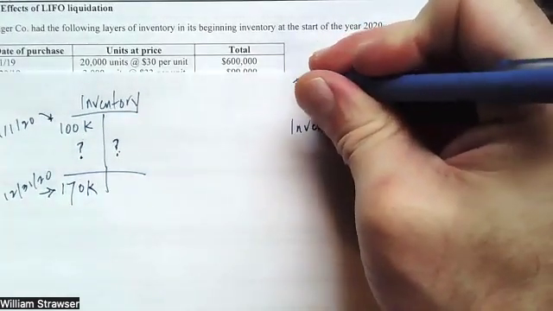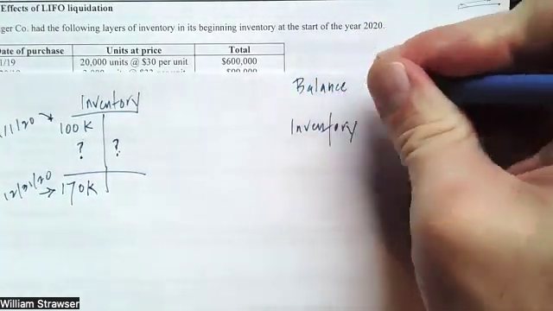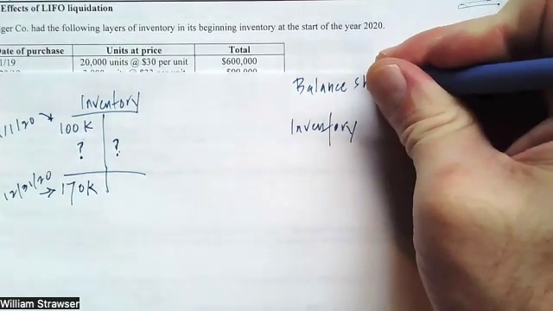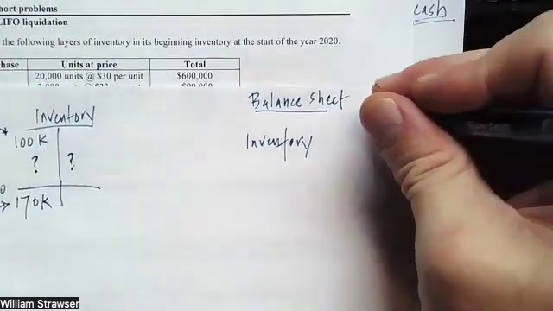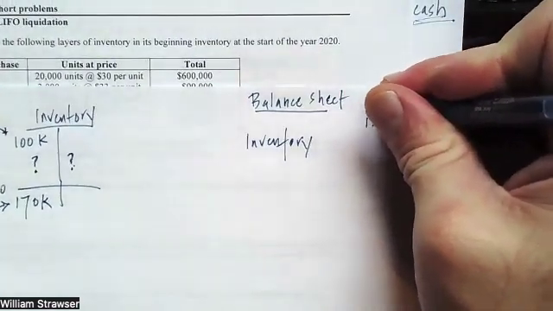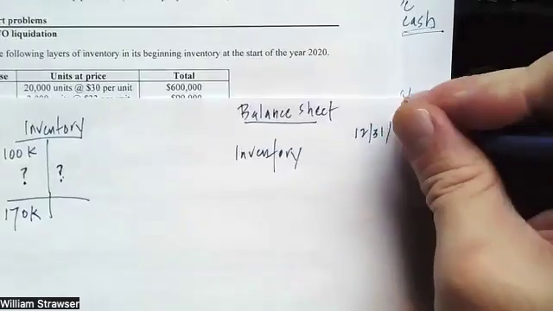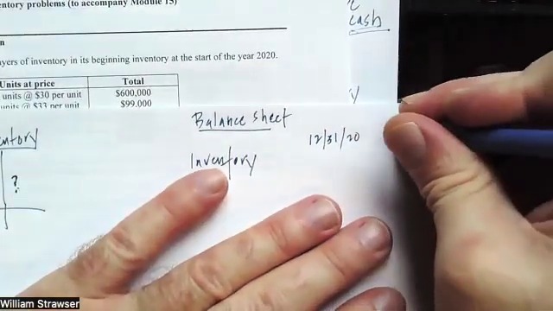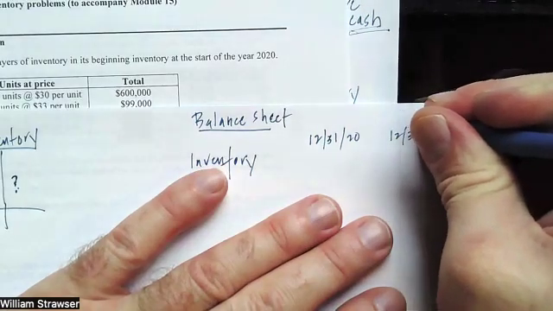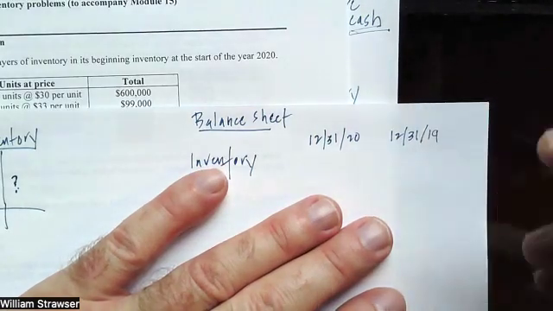So this is a balance sheet where I'm only showing you the one account, one asset line item, and we report balance sheets at the end of fiscal years or at the end of accounting periods, but for this one we have a fiscal year.